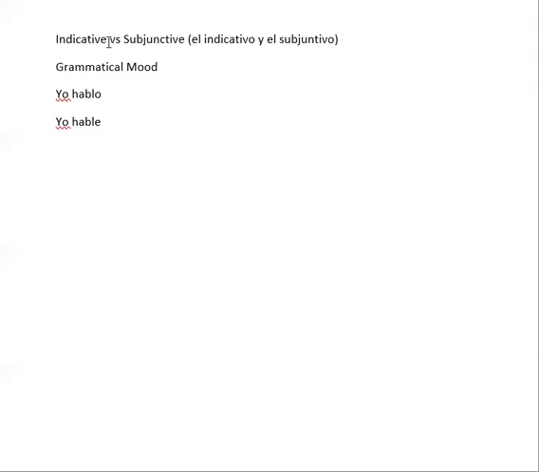You think of it as the indicative being a lot of your factual information, where subjunctive is more of your subjective information. It's more of the emotive language. This is, it's exciting that, it's doubtful that, I hope this happens. I want this to happen.